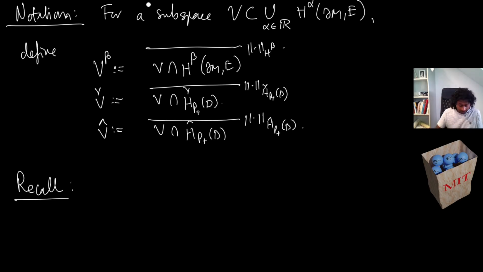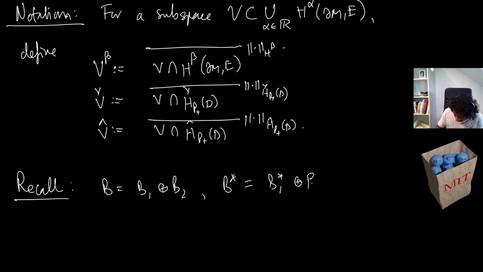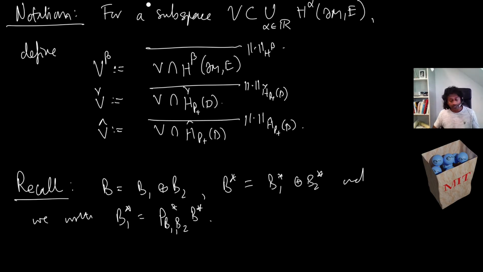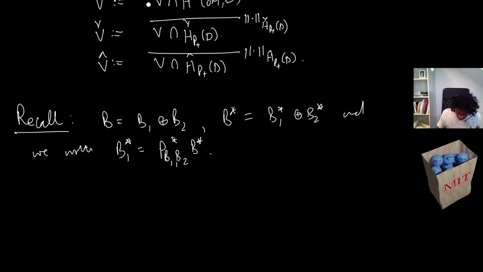So we've already used this before, but if B is equal to B1 plus B2, these are Banach spaces, so there is a projection, then the adjoint space, or some adjoint space as if we have some duality, is going to be B1, B2 star, and we write B1 star to be equal to P B1 B2 star of B star, right? This is the notation from before, right?